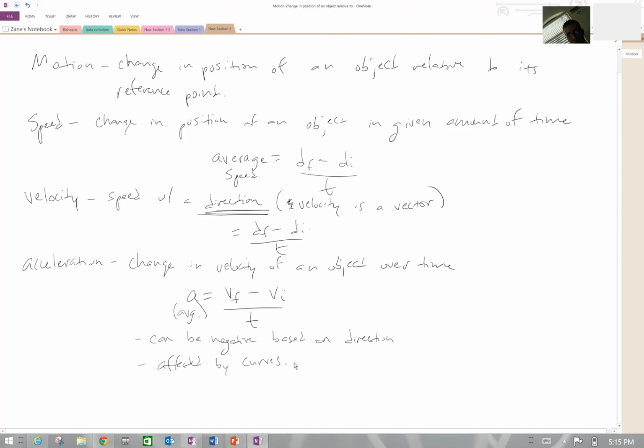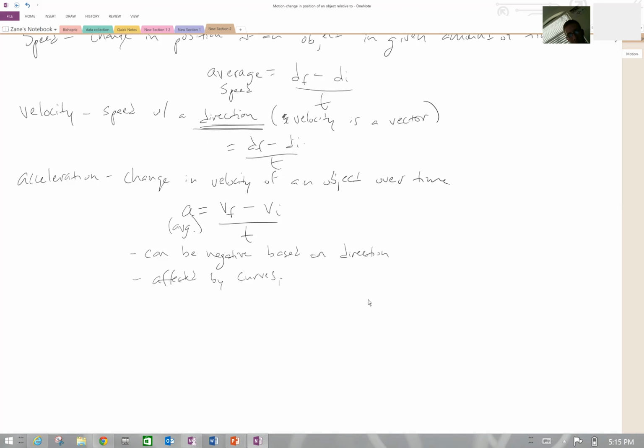Cool. Let's see here. Was there anything else we talked about with acceleration? Acceleration around curves or around a circle is called centripetal acceleration. So whenever you see the word centripetal, think circle, because that's what it's describing.